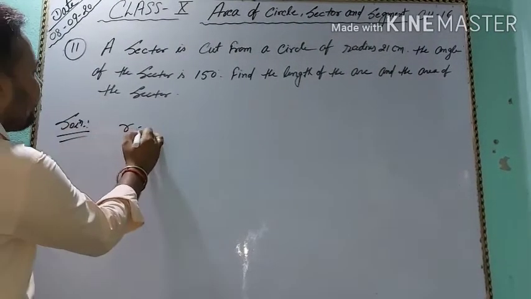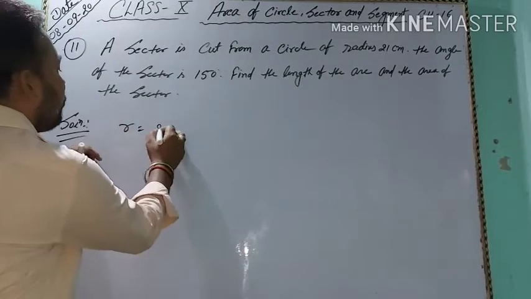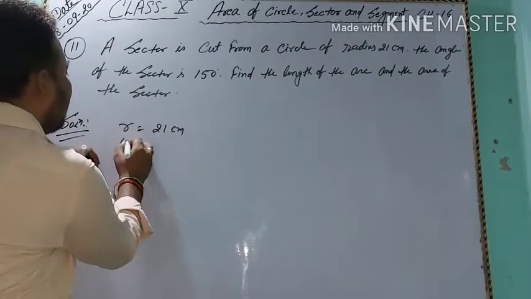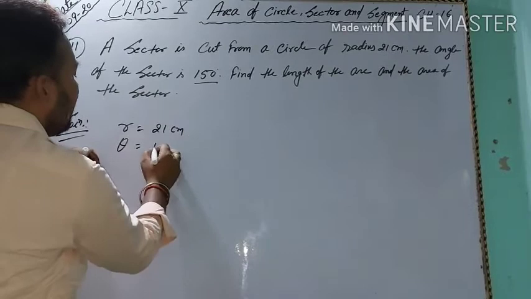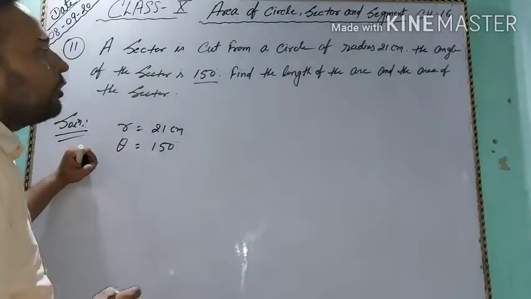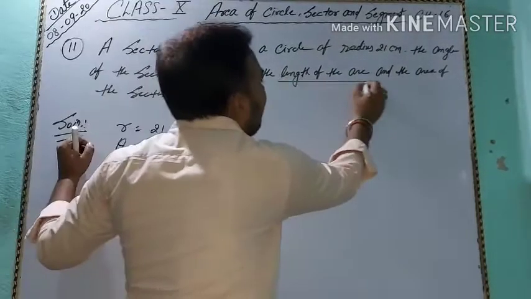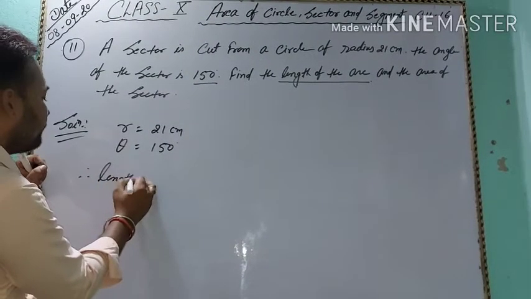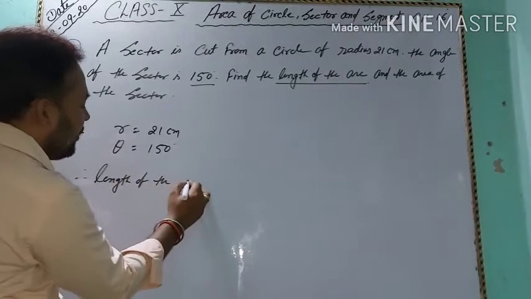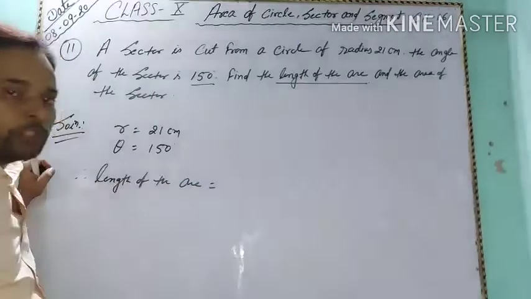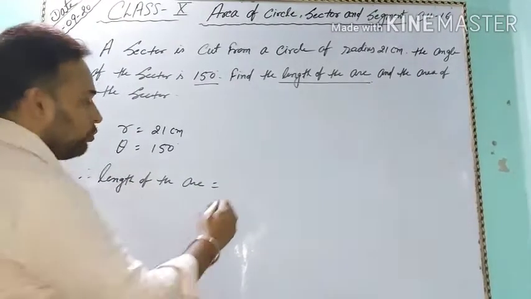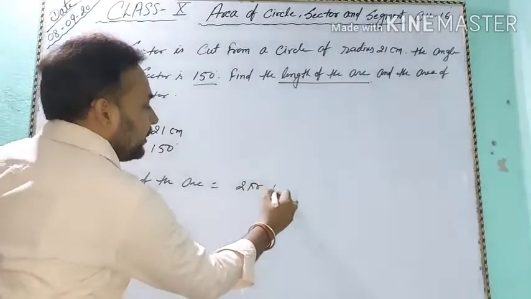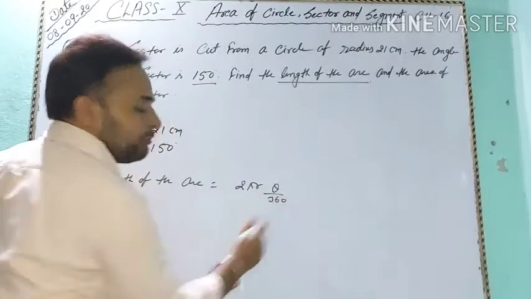The radius of the circle is r equal to 21 centimeter and theta is given 150 degree. So first find the length of the arc, using the formula 2 pi r theta by 360 degree.